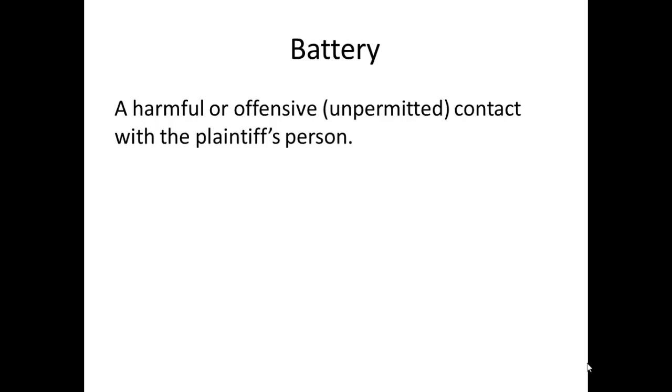Let's say somebody comes up to you and for no good reason intentionally punches you right in the face. Do we have a battery? Well, ask yourself, was there a harmful or offensive, or at least a bare minimum unpermitted contact with your person? If so, then we have a battery.